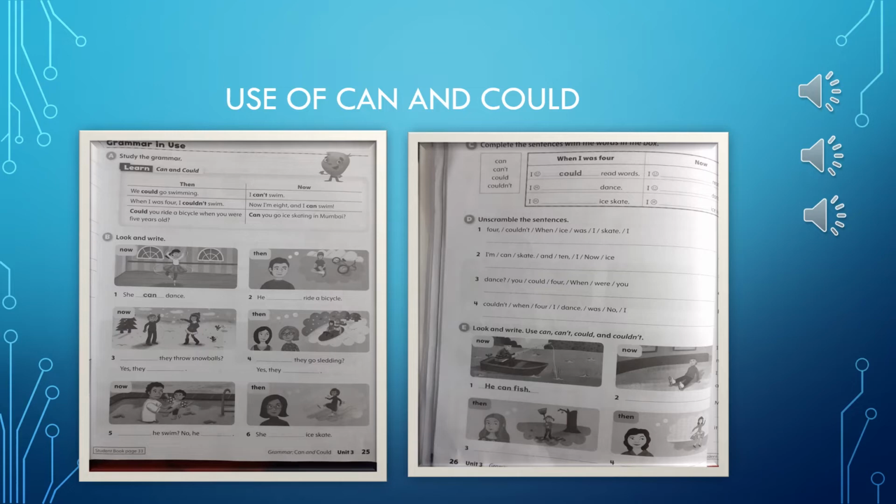You can see that the W in "when" is capital here, so your sentence will start with the word "when". You will write down: When I was 4, comma, I couldn't ice skate.